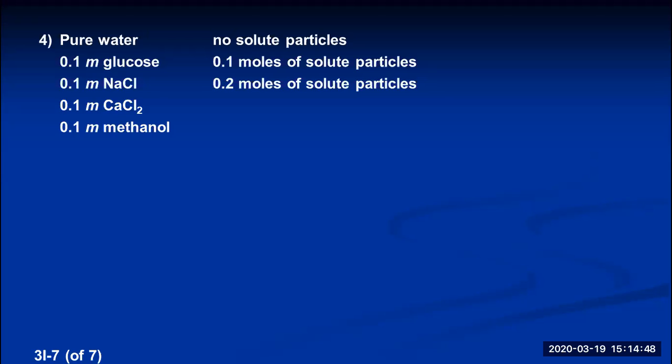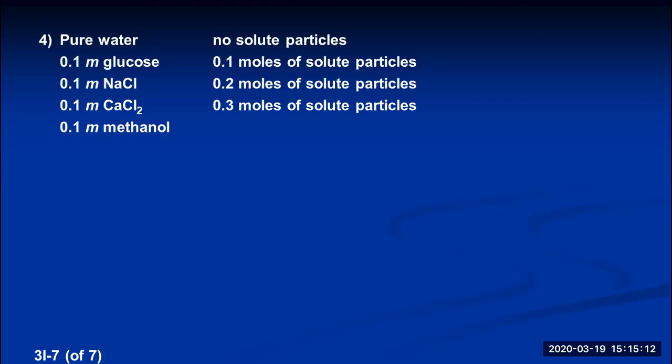From its formula, it dissociates into 3 ions, so 3 times 0.1 would mean 0.3 moles of solute particles dissolved in the kilogram of water. That would have the lowest vapor pressure of any of these 4. So right now, if you're ranking these from lowest to highest, the calcium chloride solution has the lowest vapor pressure, sodium chloride a little bit higher, glucose a little bit higher, water is the highest.